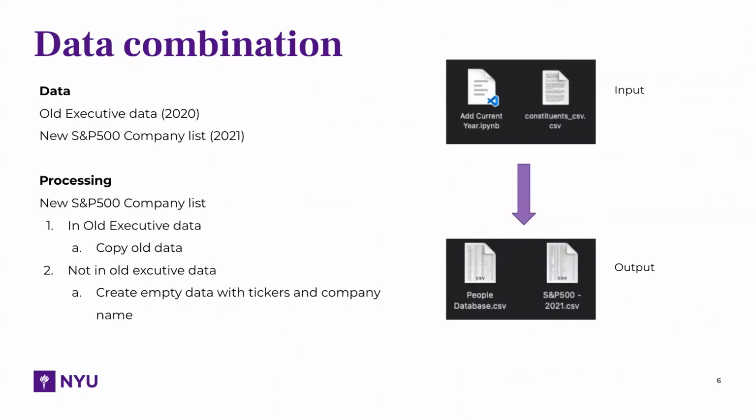Next slide, please. To be more specific, first we start with the data combination. We already have old executive data, for example 2020, and then we want to download some new data from the S&P 500 company website, for example 2021.